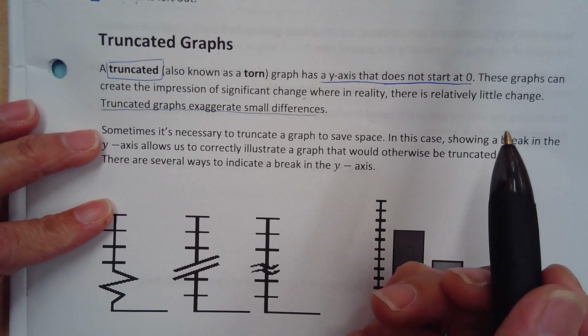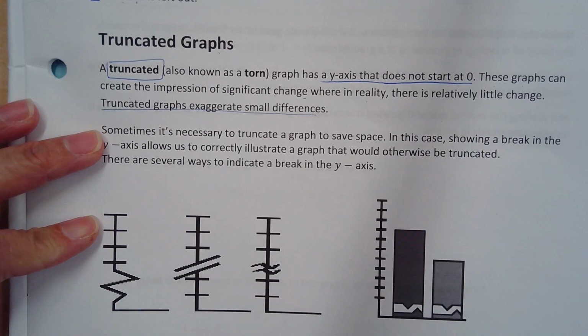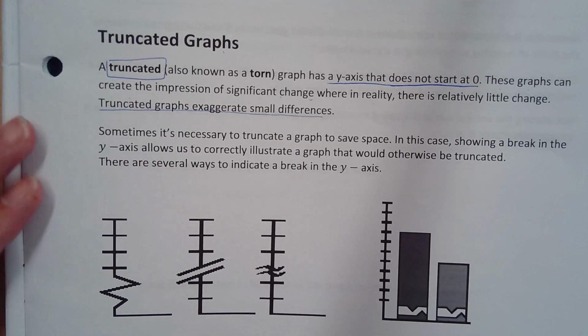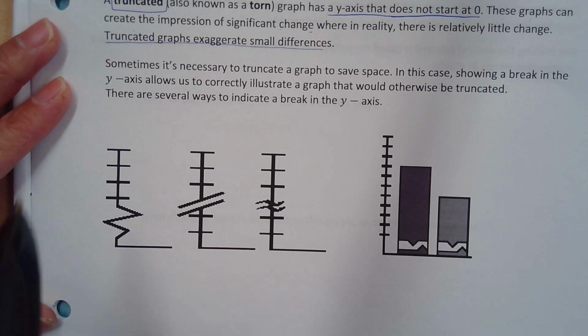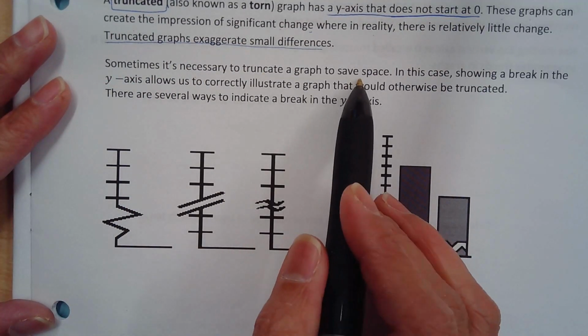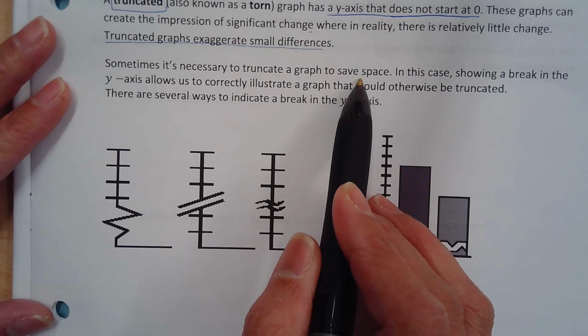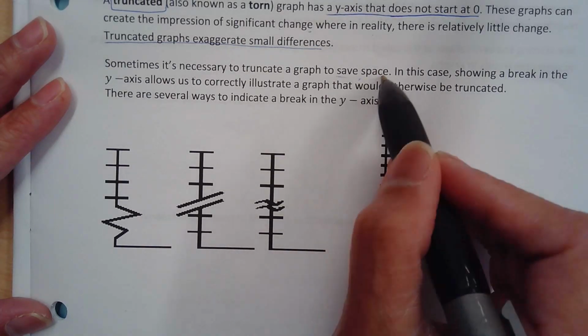Okay, so when there's a truncated graph, it really shows you a big difference. So let's take a look at the word truncated. Oh, here. So sometimes it's necessary to truncate a graph to save space. So there's room for that, right? There's a reason why we have to do that sometimes, which is to save space.